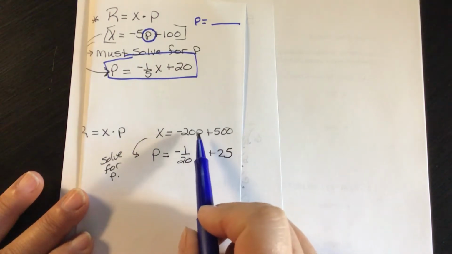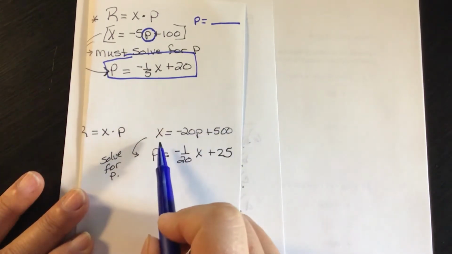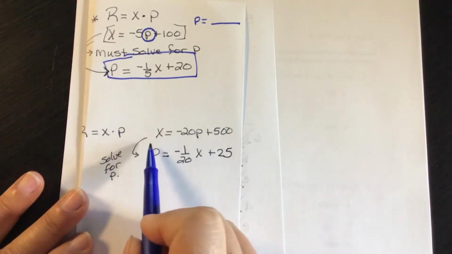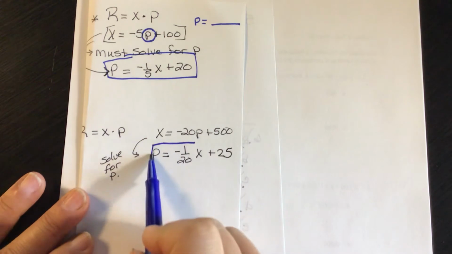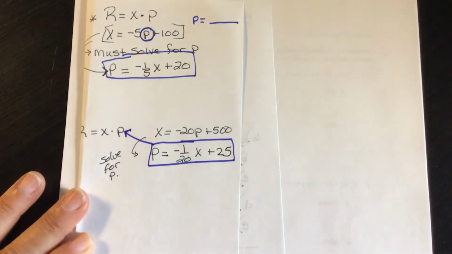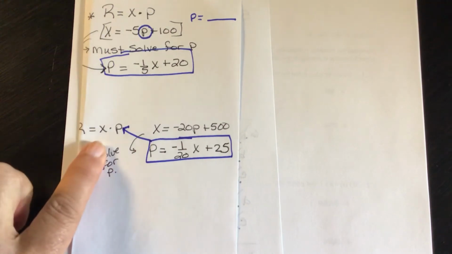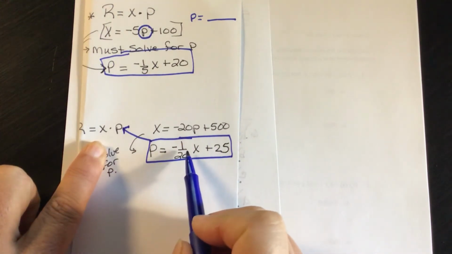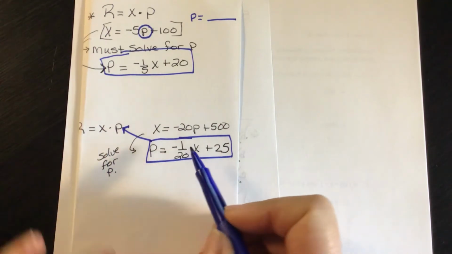So to get in terms of x, I have to subtract 500, divide by -20, and this is the equation that I will substitute in here for p, and that will leave us x times all of this. So our revenue will be in terms of x.